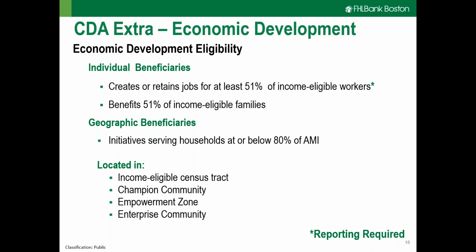At least 51% of the workers need to have incomes at or below 80% of the area median income. To the extent that that has been satisfied, it would qualify.